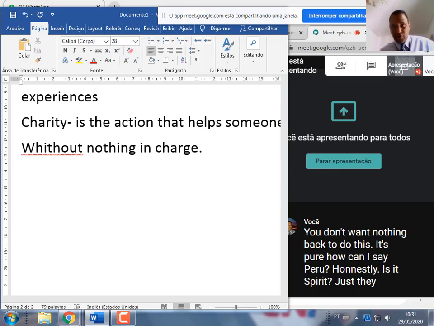If I want to finish my university, I have to save money to do this in the future. So this money that I save is called fund. It's money that you save to help you in the future. Most of the time you use it for scholarship, for university in general.